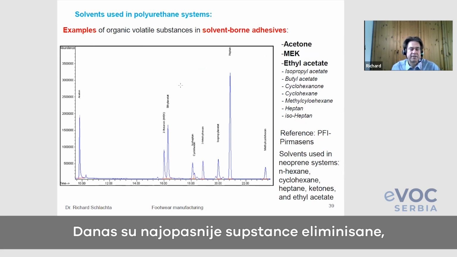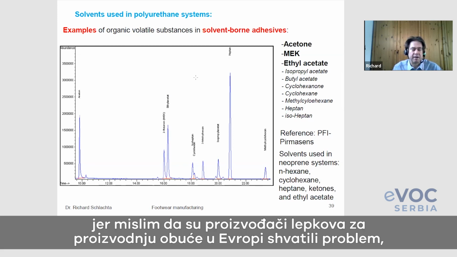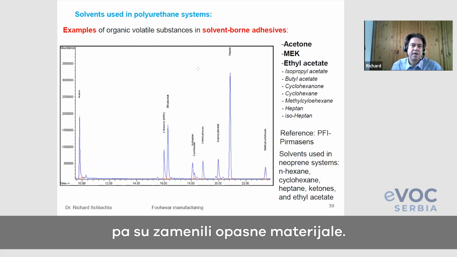So nowadays the very hazardous substances are eliminated by the manufacturers of footwear adhesives here in Europe. I think they realized the problem and they tackled the problem, and so they generally substituted the hazardous materials.